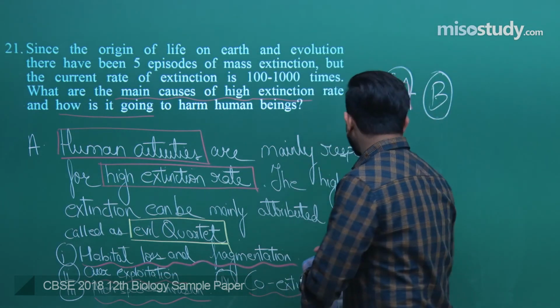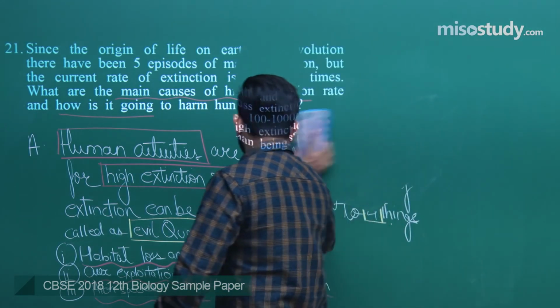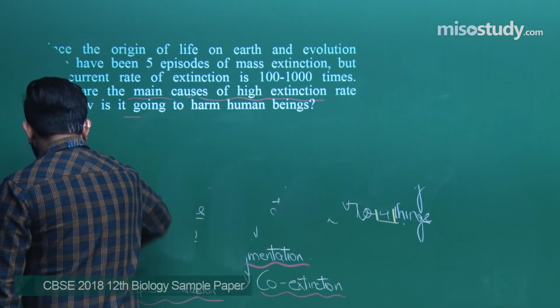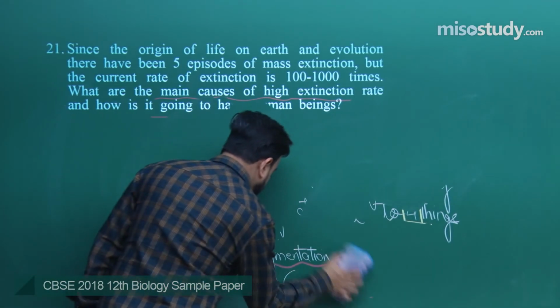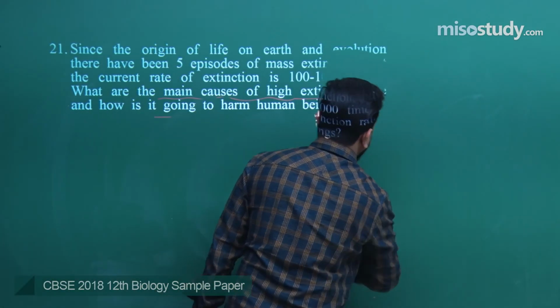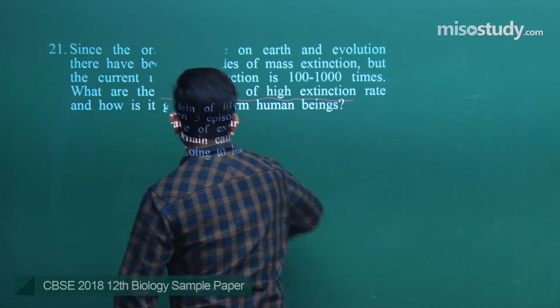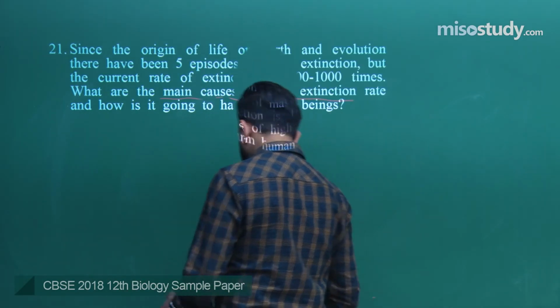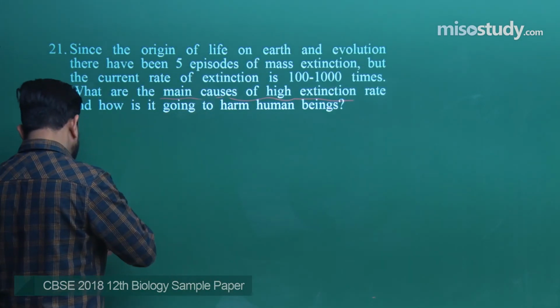Okay? Then what is the other part of the question? The other part of the question says, what are the harmful effects? How is it going to harm the human beings?